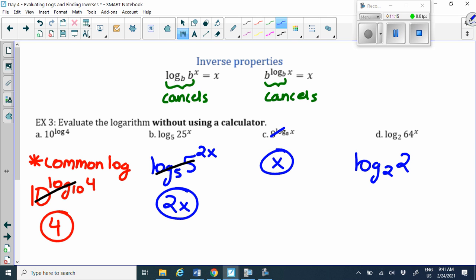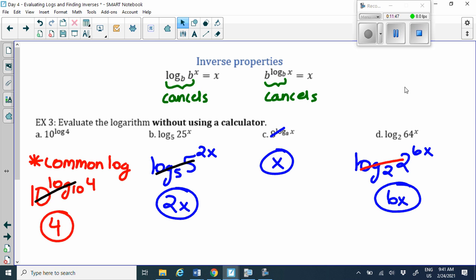But I can't just magically change 64 into 2. So I have to think, 2 to what power gives me 64? That's going to be 6. So 2 to the 6 is the same thing as 64. Now, I do need to keep that x there. Now I have the base of my log and the base of the exponential exactly the same. They cancel out, and I'm left with 6x.